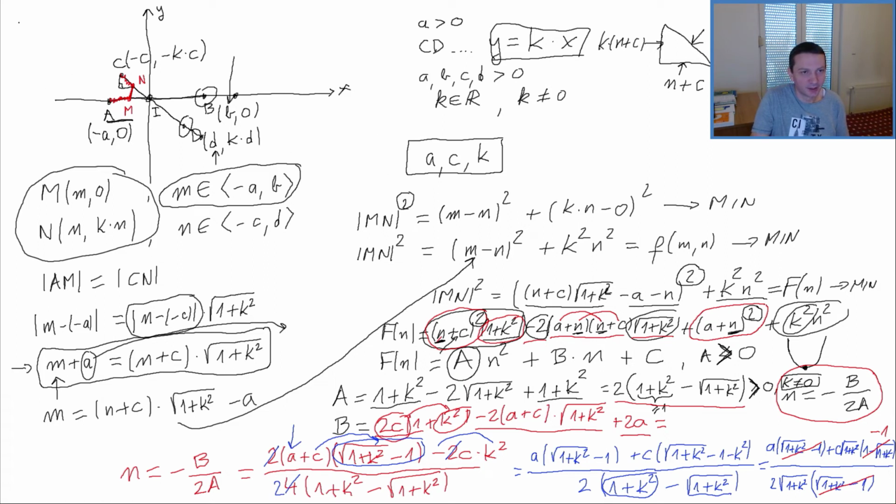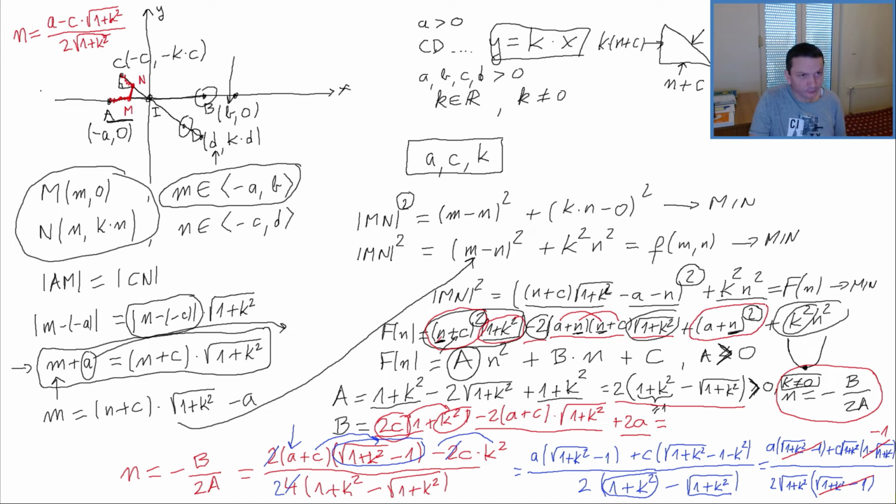So I can write here in the next corner, we obtain that n is equal to a minus c times square root of 1 plus k squared in the numerator, and in the denominator we obtained 2 times square root of 1 plus k squared. This is what we obtain for n.